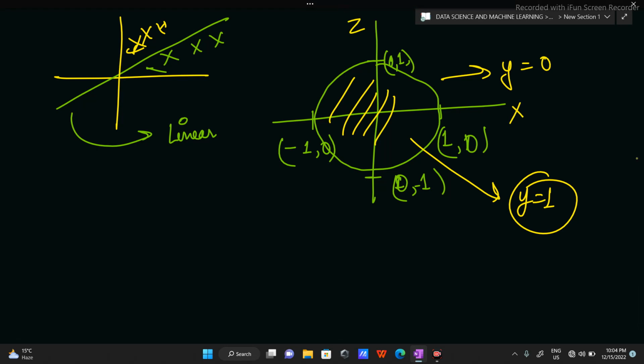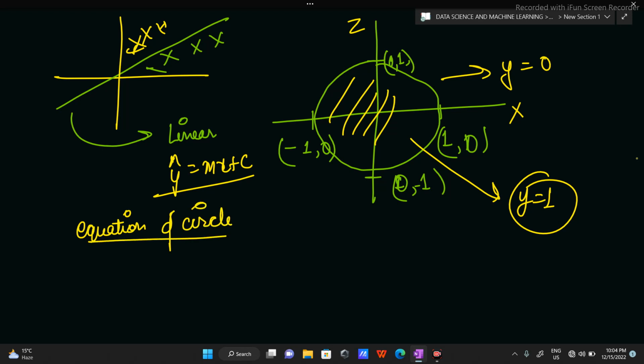So what we will do in this case? Linear regression is not going to give us this y hat equal to mx plus c. We can use multivariate linear regression, but we will need the equation of a circle for that. So we know the equation of a circle. So what is the equation of a circle?